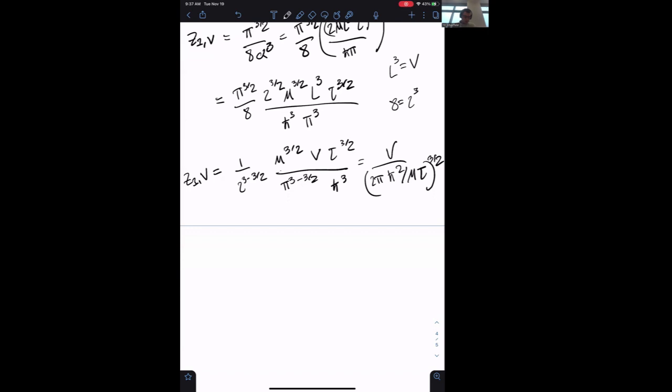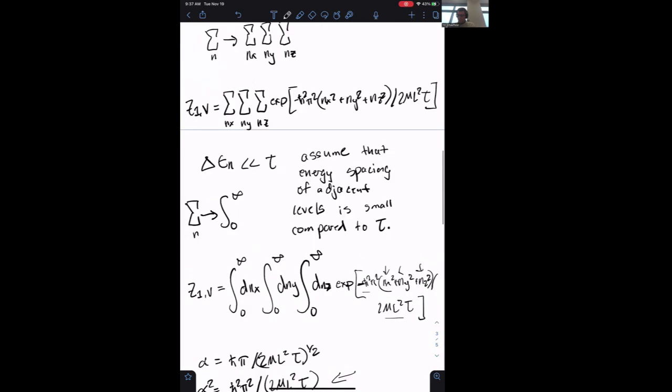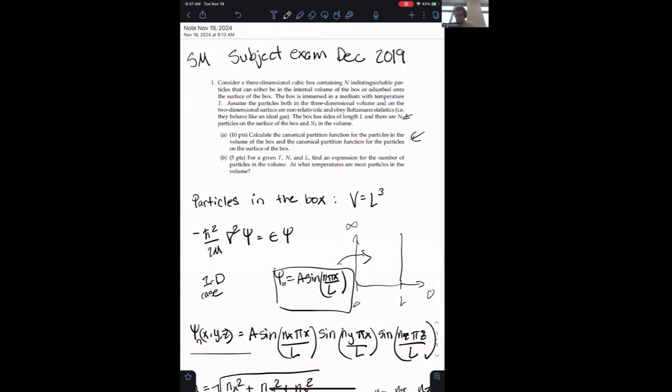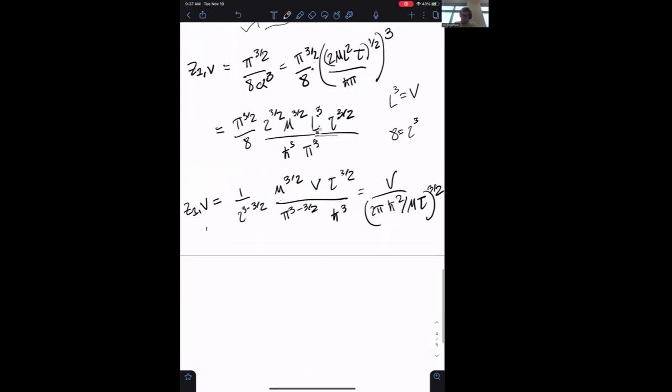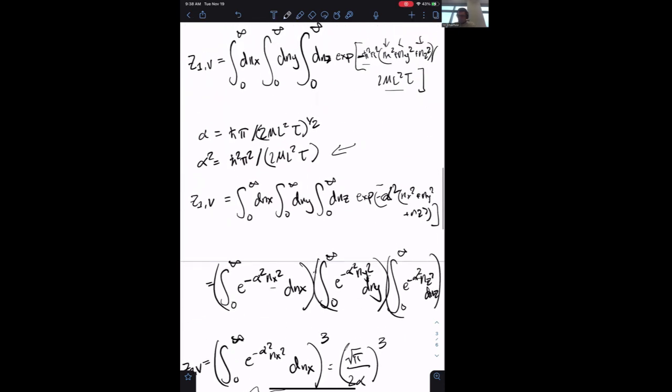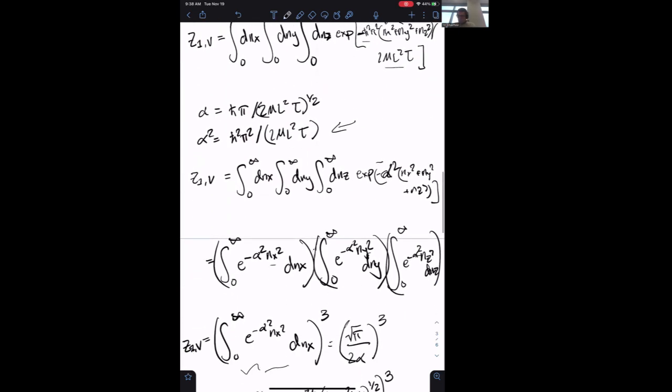Right, so before we find the partition function for all the particles in the volume, let's now quickly find the partition function for the particles on the surface. So we had the volume, and now the partition function for one particle on the surface, which I'm going to use S for here, is going to be the exact same thing, except we only have 2 dimensions this time.